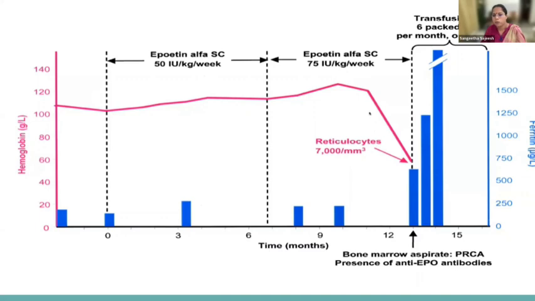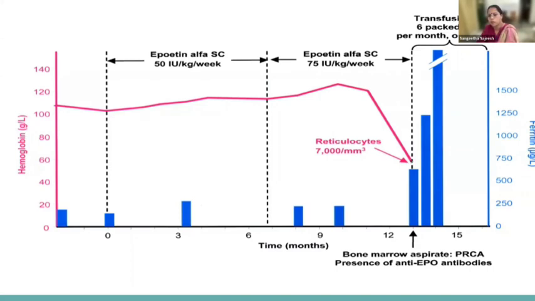By around 9 months itself, there was a reduction in the hemoglobin despite the rise in epoetin alpha dose. It came down to a low hemoglobin of around 6 gram per deciliter from 11. So 11 to 6 is a steep fall of hemoglobin. The bone marrow was done and it showed pure red cell aplasia.